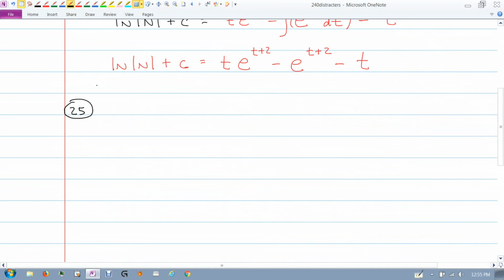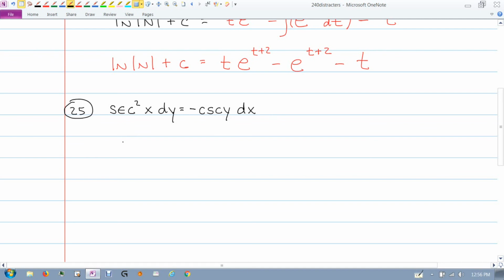All right, some trig functions. Secant squared of x dy plus cosecant y dx equals 0. Well, we could just integrate right now because, oh no, sorry, they're not separated. Oops. All right, let's separate. So I'm going to move the cosecant to the other side and make it negative.